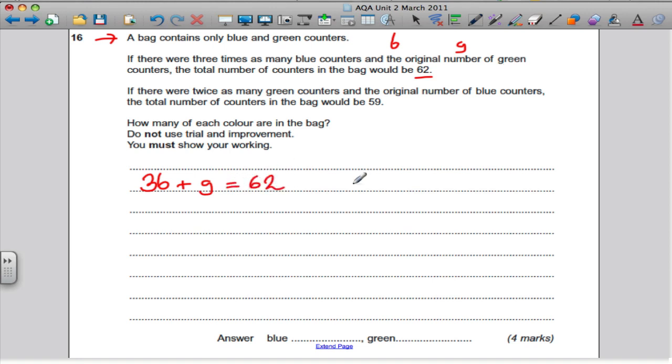I'm going to call that equation 1. Relates to that, equation 2. If there were twice as many greens and the original blues, you would have 59. So if you had the original blues and twice the greens, you would have 59. I'm going to call that equation 2.